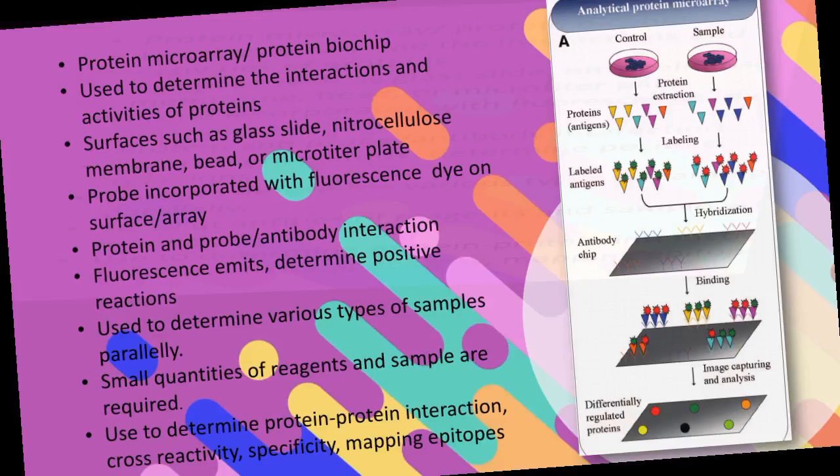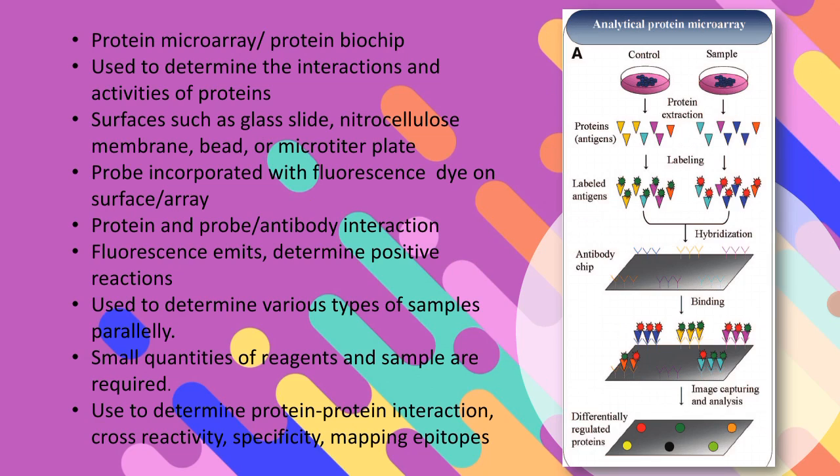All right, then according to this, we can determine the protein-protein interaction, protein specificity, how specific the protein is, right? Then we can determine the cross reactivity of the protein, whether our protein is showing cross reactivity or not. Then we can map the epitopes using this method.